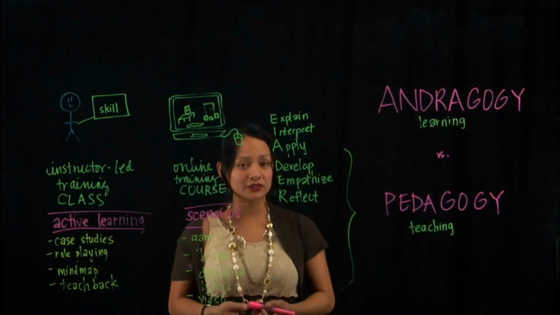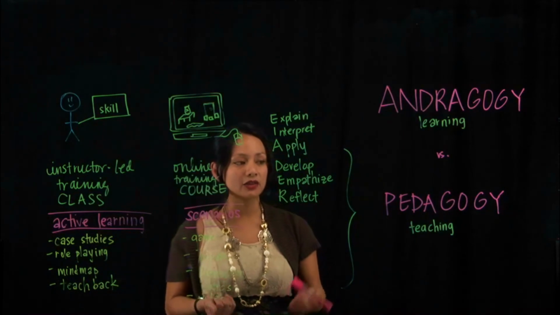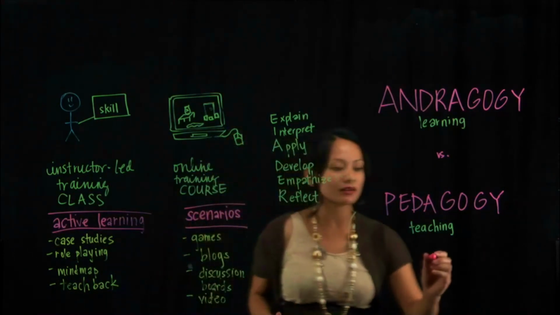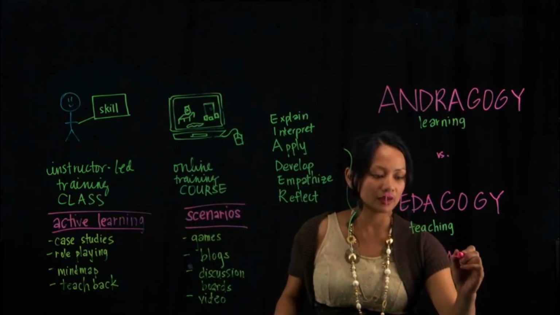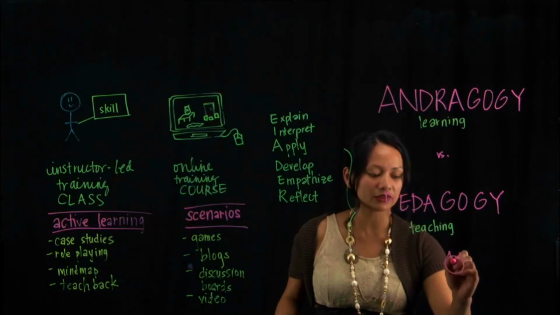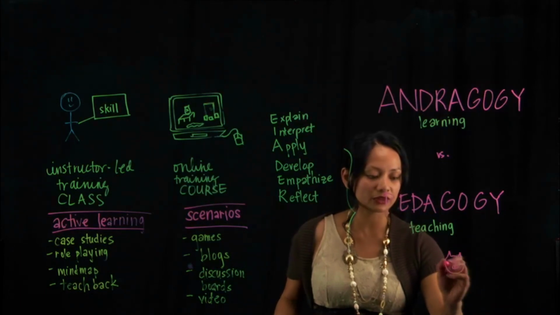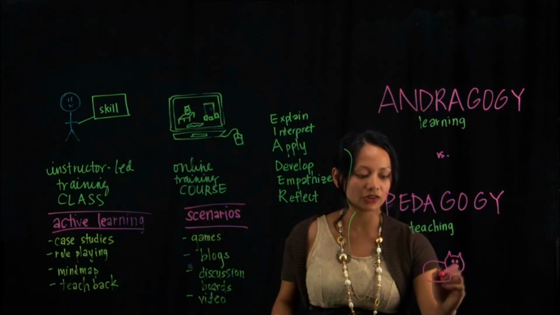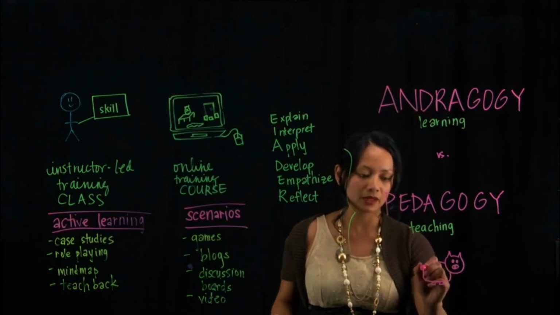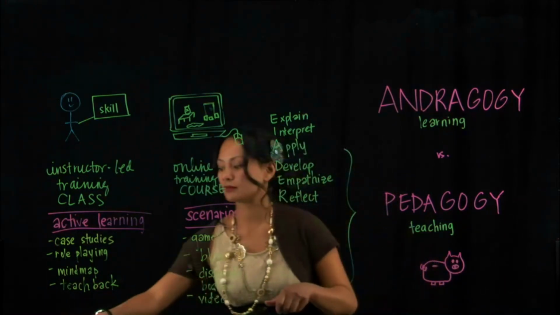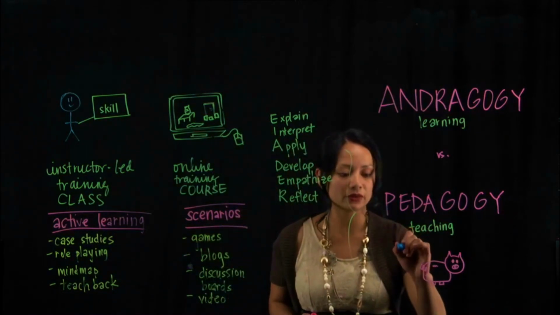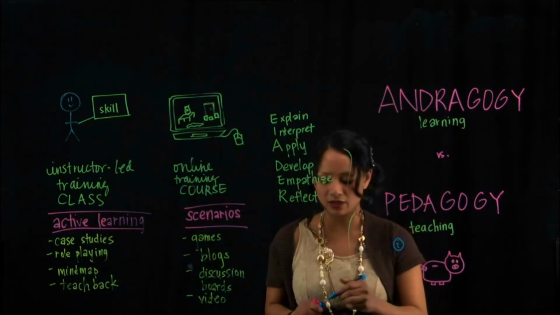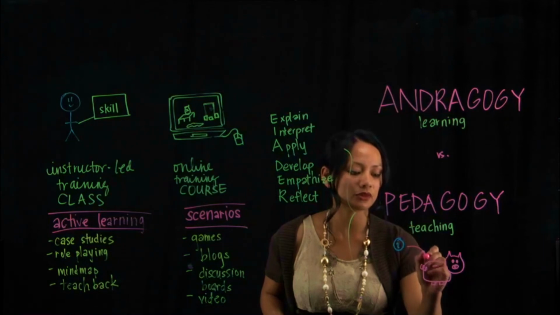One of my favorite philosophers, Paulo Freire, said that traditional pedagogy is a lot like treating students as if they were vessels to be filled up with information, like a piggy bank, and the information is whatever we think is important for them to know.